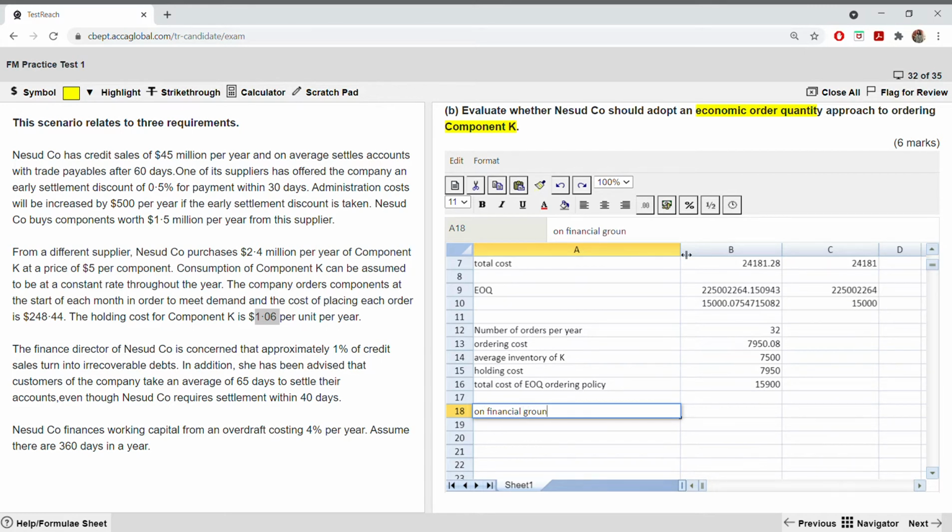On financial grounds, the company should adopt an EOQ approach for ordering component K as there is a reduction in cost of 8281. I'm not writing the whole sentence, you write it.